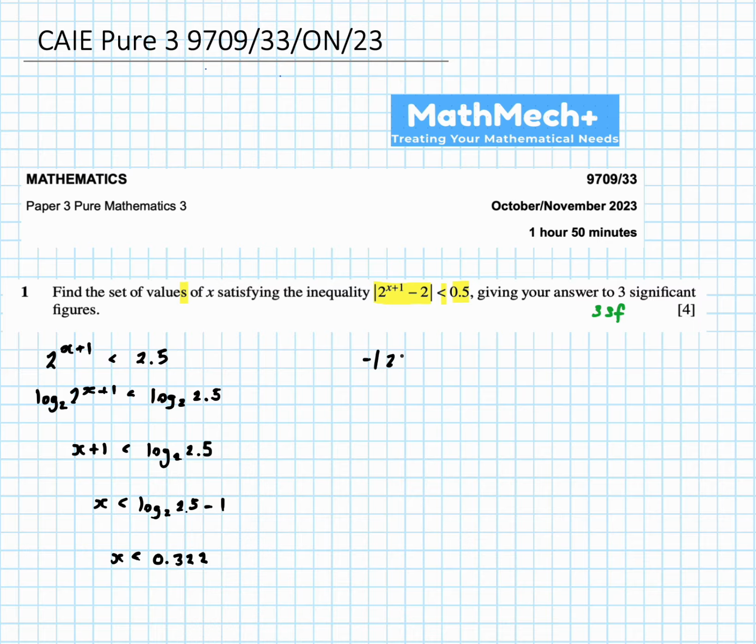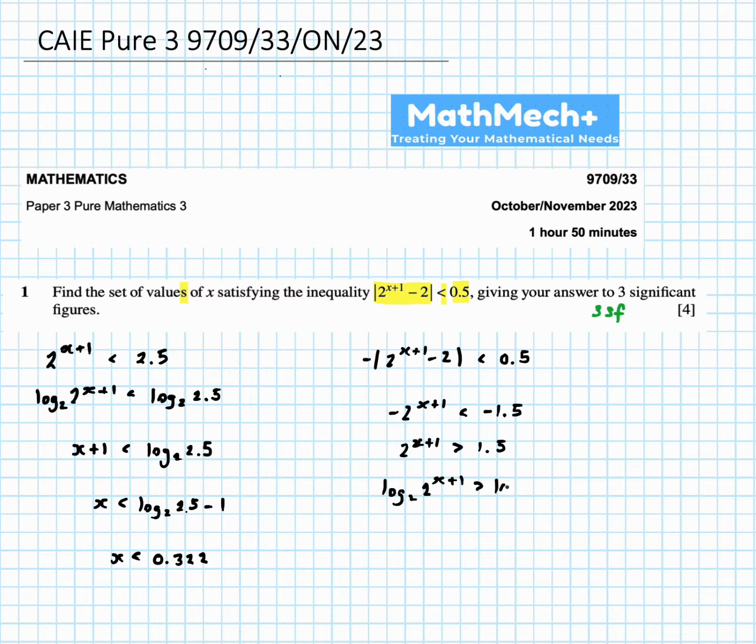Let's do the second half. I'll do an extra step here at the beginning with the negative 1 just to make sure that it's very clear for you. So you take away the mods. Minus 2 to the x plus 1 is less than minus 1.5. So now we're going to change the sign and change those signs as well.